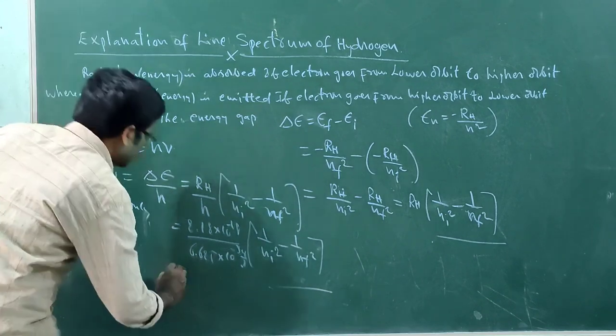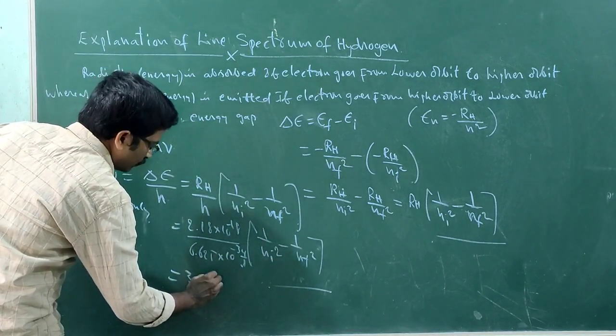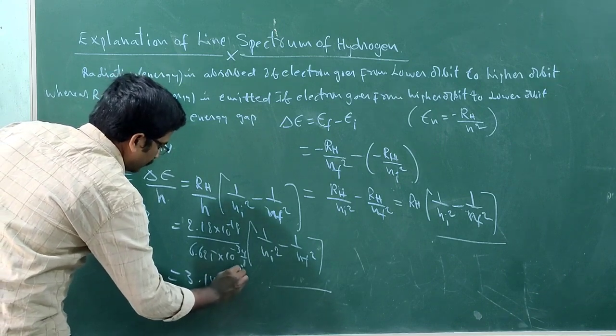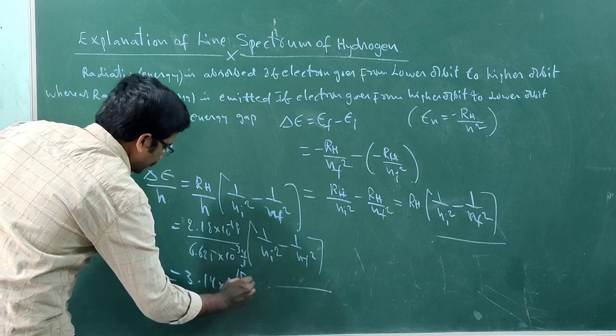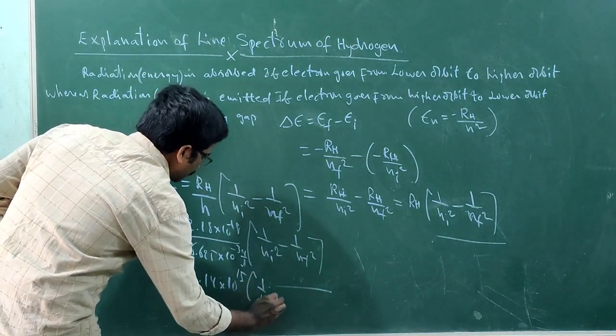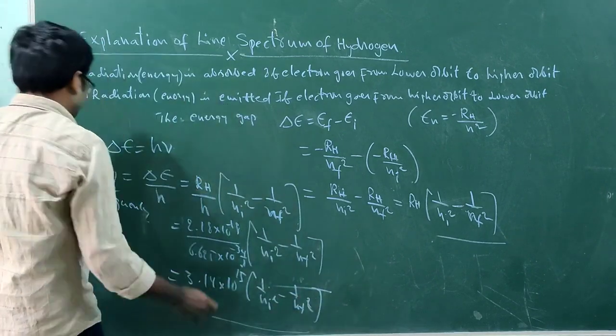I think it is 3 point something, 3.145 into 10 to the power of 15. I think I have given the value roughly. Then 1 by Ni square minus 1 by NF square. Okay, you may get this one.